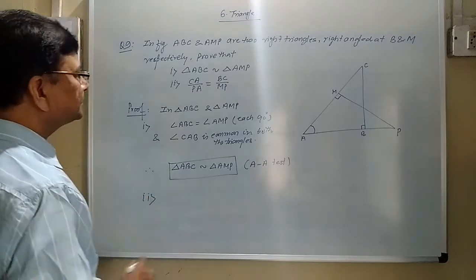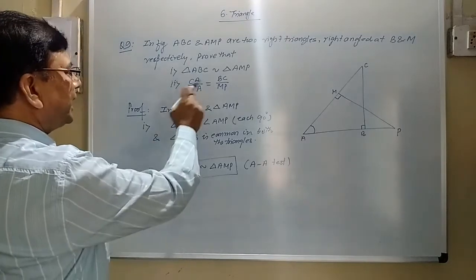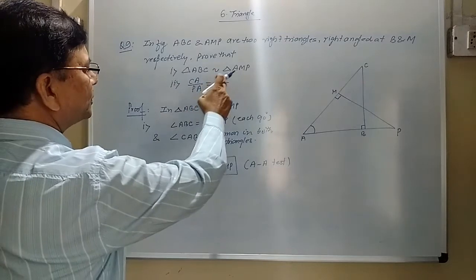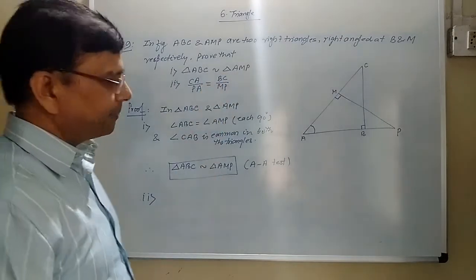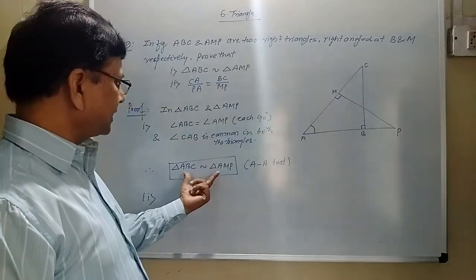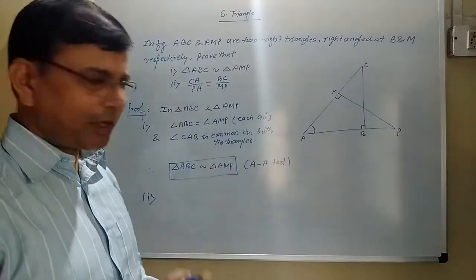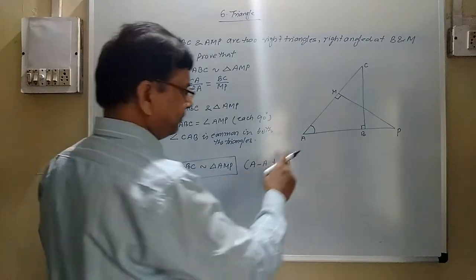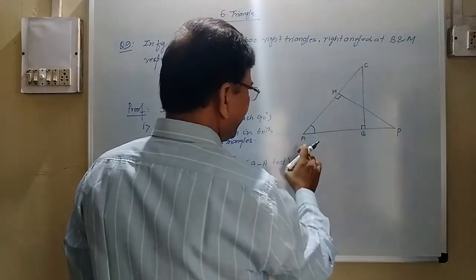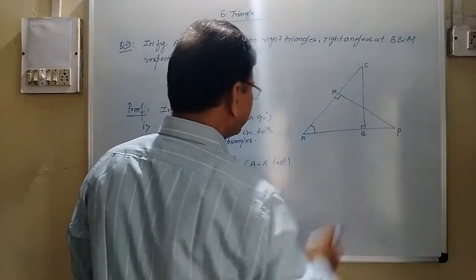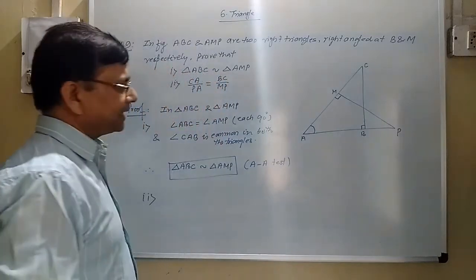Second part, CA upon PA is equal to BC upon MP. Now, these two triangles are similar, so the ratio of corresponding sides will also be equal. So we will look at ABC and AMP, which are the corresponding sides.